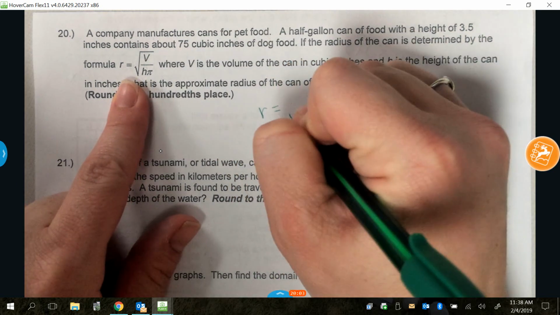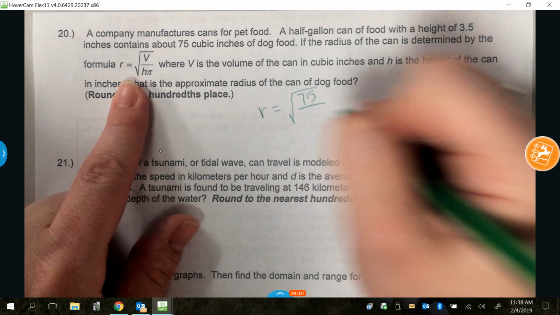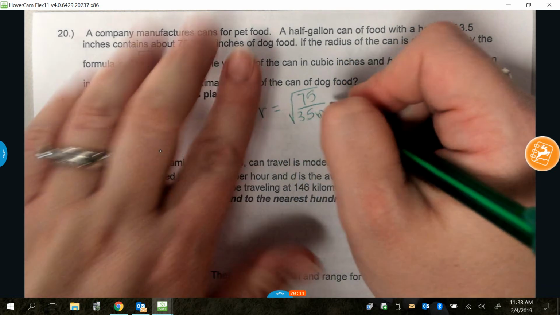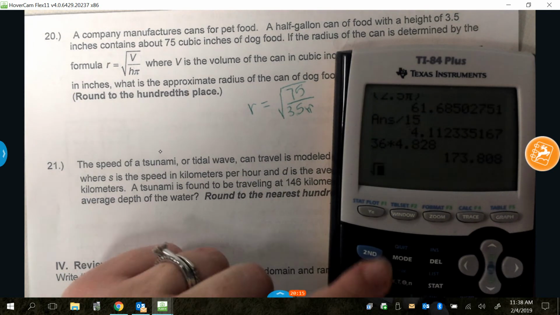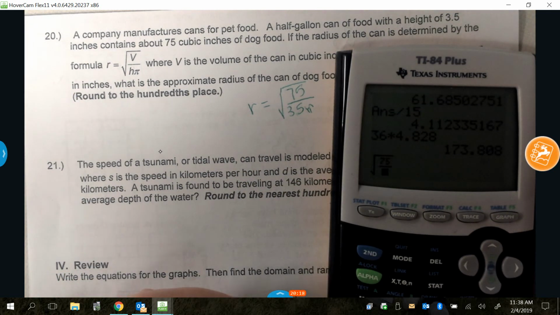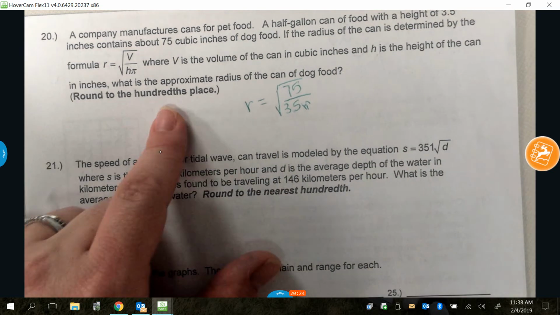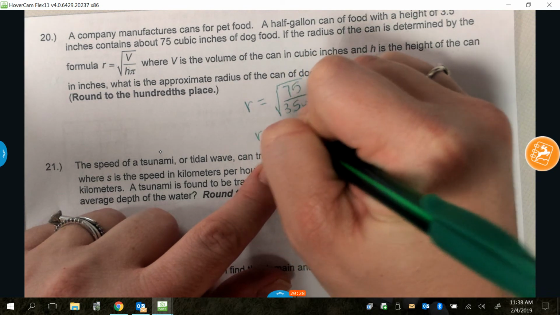So R equals, volume is 75 over height is 3.5 pi. Since there's no unknowns on that side of the equal sign, I can just do it in the home screen. 75 over 3.5 pi gives me 2.61, rounded to the nearest hundredth. So radius equals 2.61.